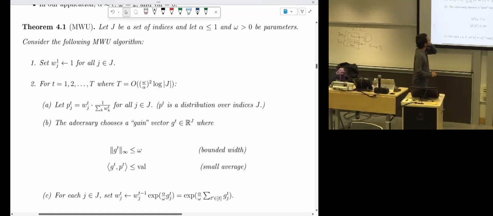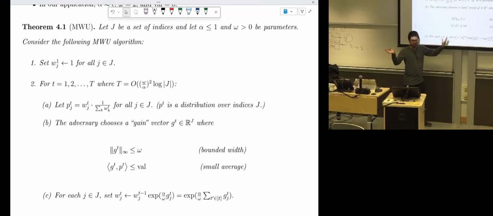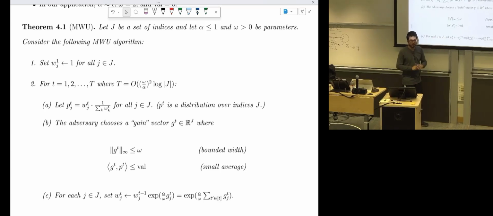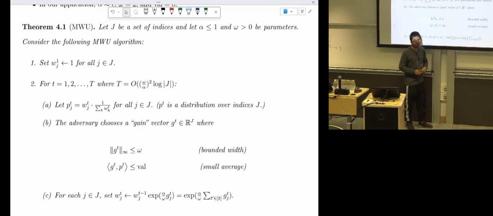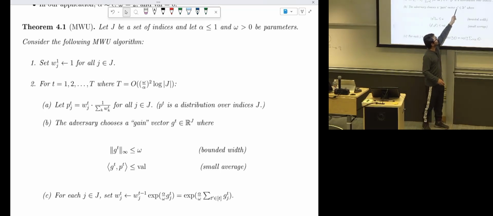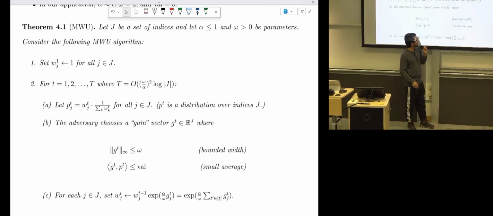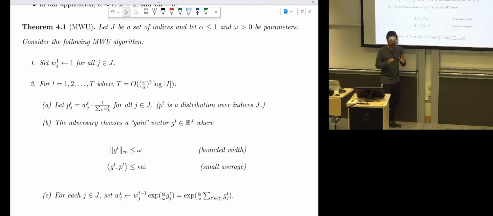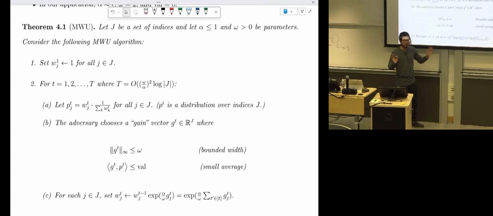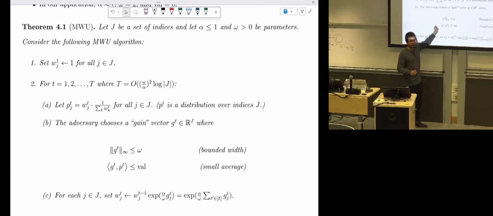Then some adversary, which you have no control over, will choose a gain vector, which just assigns some number to each index. This is an arbitrary gain vector, but it certifies some properties.